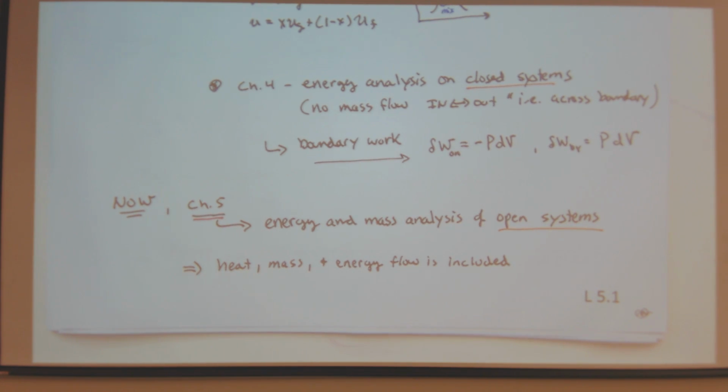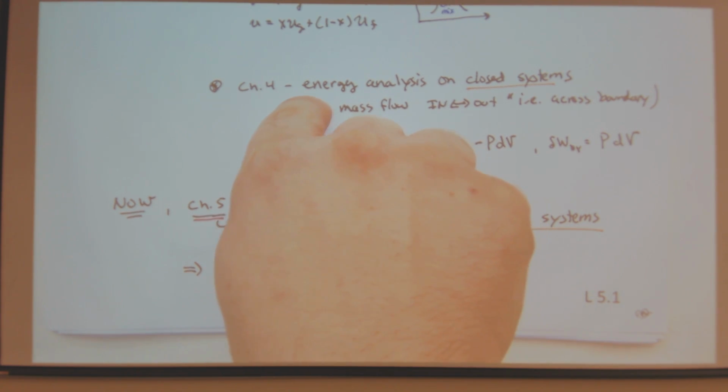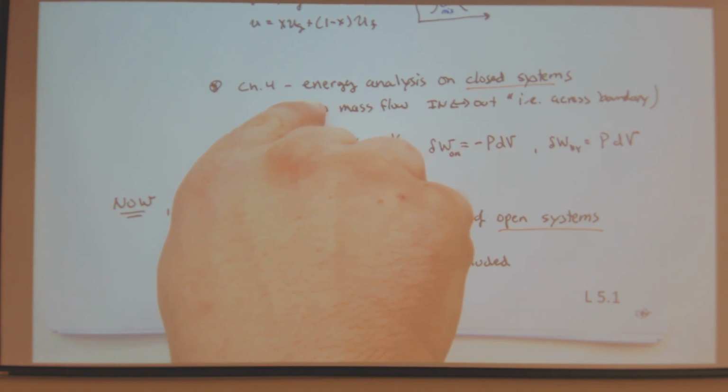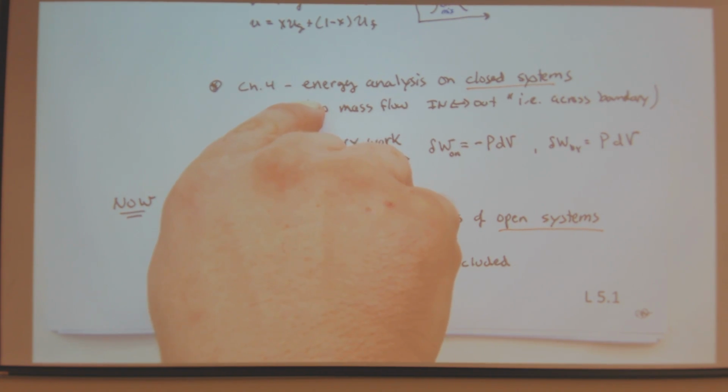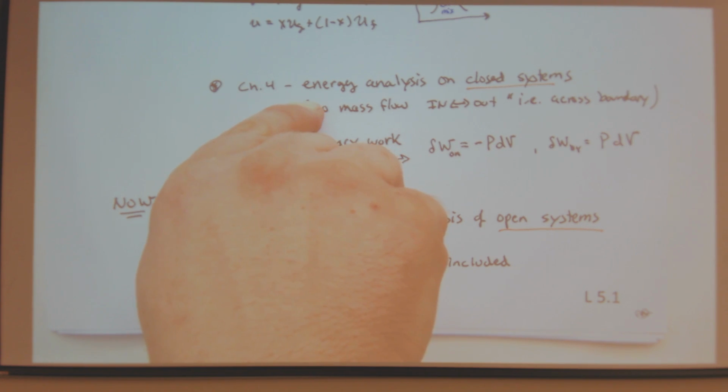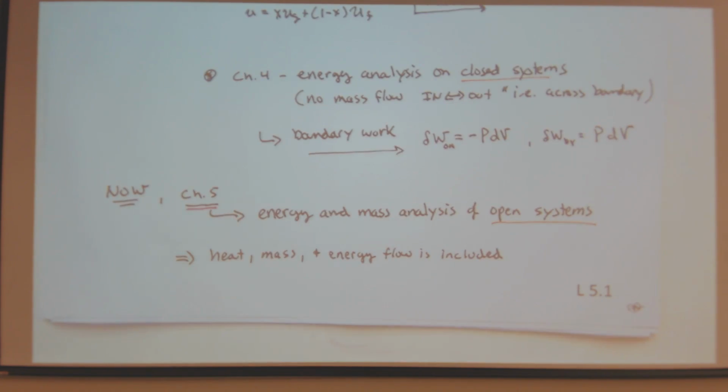So open systems are more practical. That's a pump. That's a power plant. Right? That's a real engine. So in chapter 4, we talked about a combustion engine where we only had looked at one cycle because we couldn't add any more mass after it combusted. Now we're looking at more practical things, real systems, related to air conditioners, power plants, pumps, right? Turbines, jet engines, however we want to look at it.